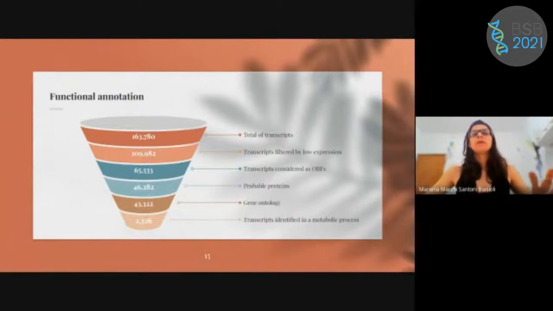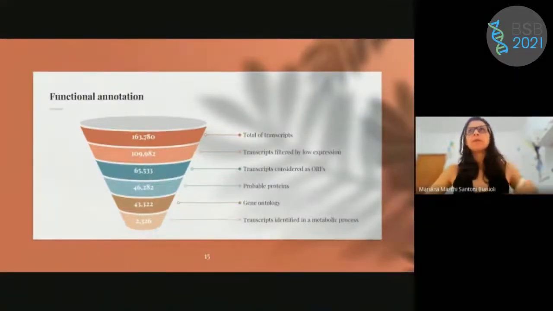We found more than 2,000 transcripts involved in metabolic pathways. So we had initially this number, and finally we looked at this number of transcripts to find those involved in metabolic processes.